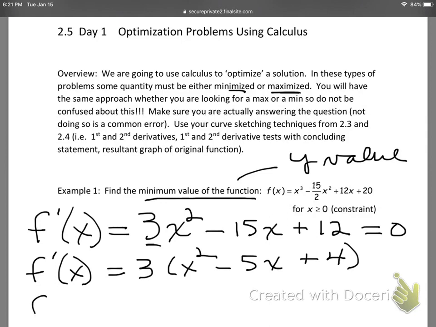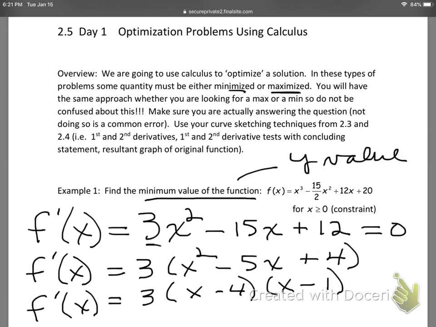Now you have a very easy factoring problem. Okay, so what multiplies to 4 and adds to negative 5? So that's going to be x minus 4 and x minus 1. So it's 4 and 1 is what I'm looking for.